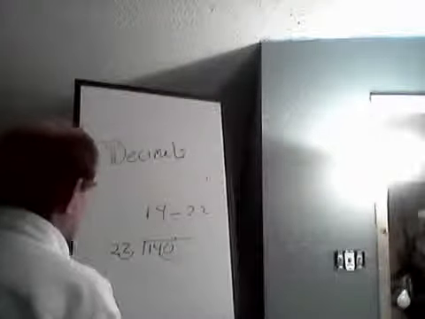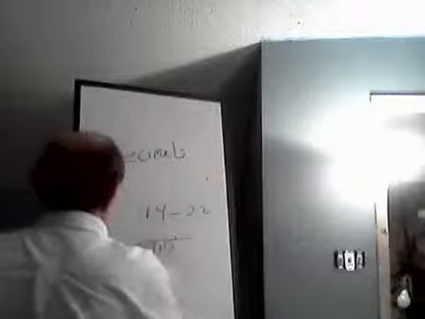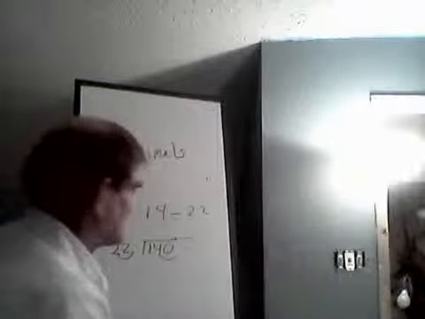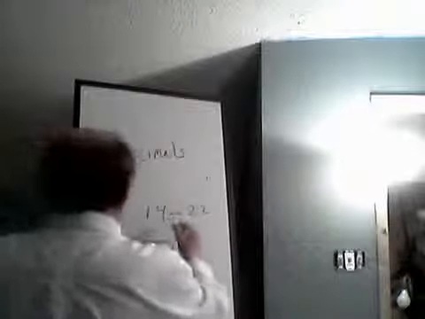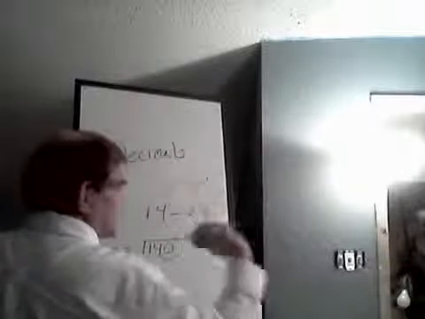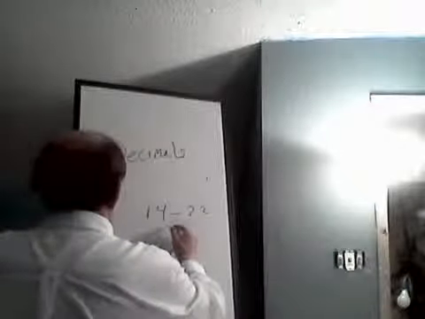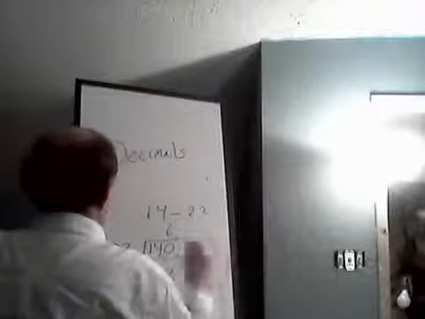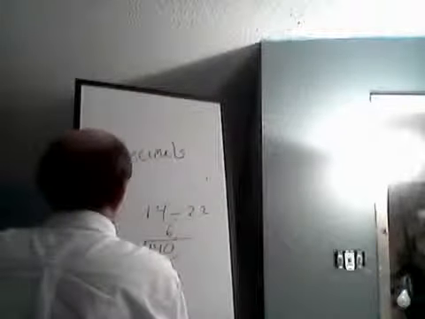All right? Now, what number can go into 14, 22 times? Can't. So what you got to do is you go 6, 5 times 2, 20 is 100. You're kind of guessing a little. Let's try 6 times 2 is 12. Carry the 1. 6 times 2 is 12.